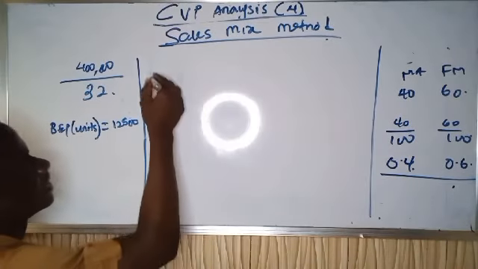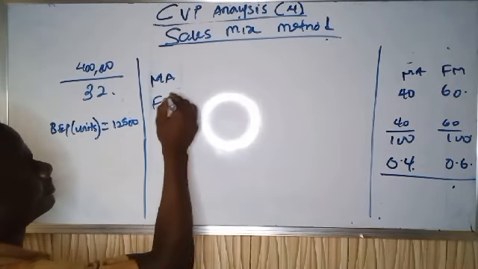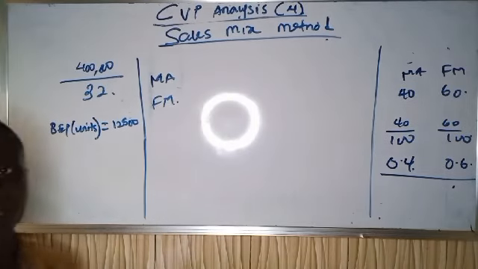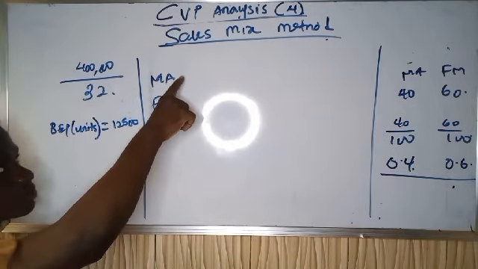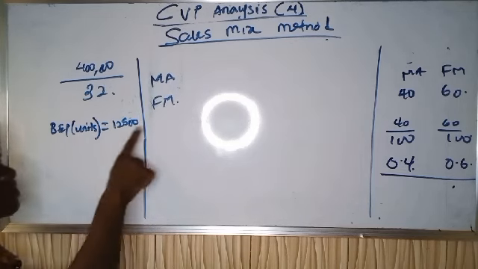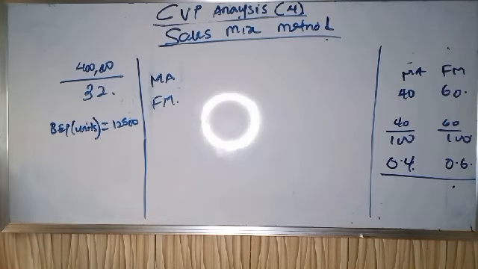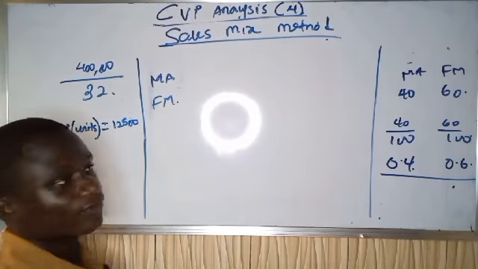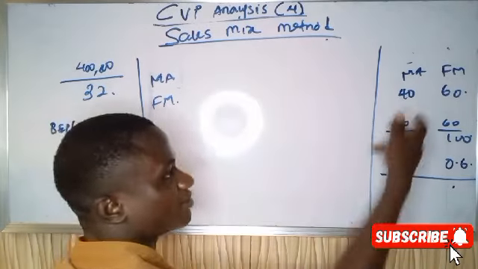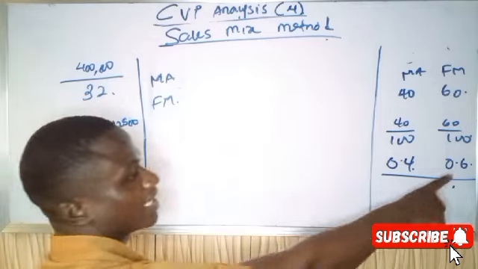So I'll come here, I'll say MA, FM. For me to get the break-even point in value, I have to calculate, out of this 12,500, how many of the product is MA? Out of 12,500, how many of the product is FM? And how am I going to do that? I'm still going to use their sales mix. 40% is MA, FM is 60%, or I use 0.4 and 0.6.